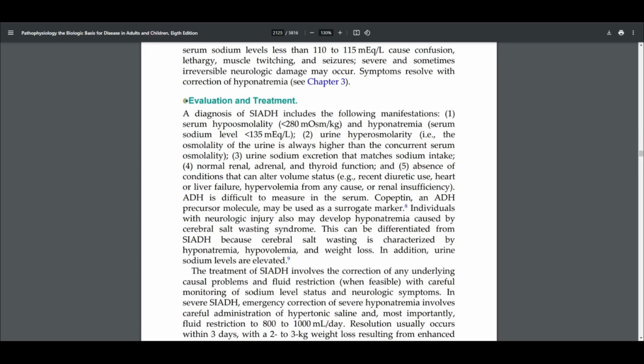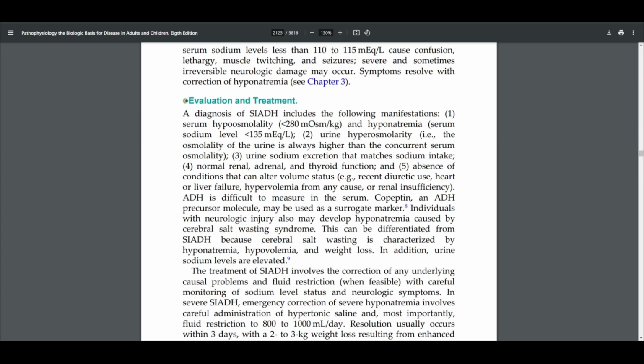Urine sodium excretion that matches sodium intake, normal renal, adrenal, and thyroid function, and absence of conditions that can alter volume status. ADH is difficult to measure in the serum. Copeptin, an ADH precursor molecule, may be used as a surrogate marker.